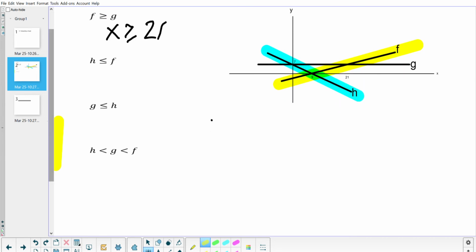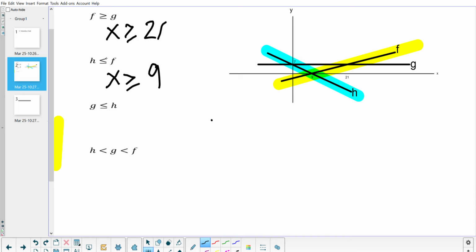There, okay. When h is below f is on the right side of 9. So when, not h, but x is greater than or equal to 9.